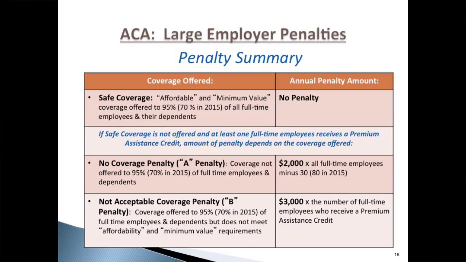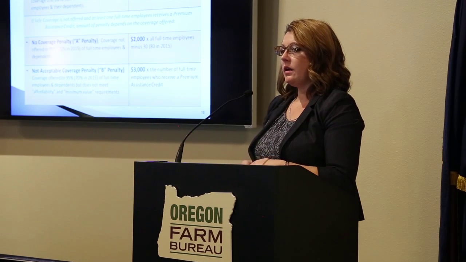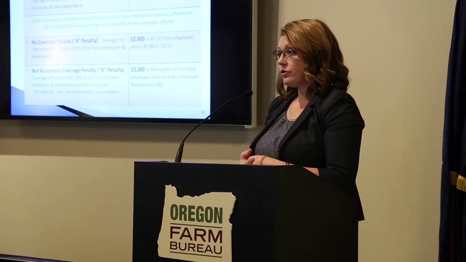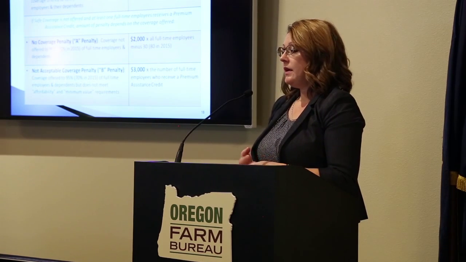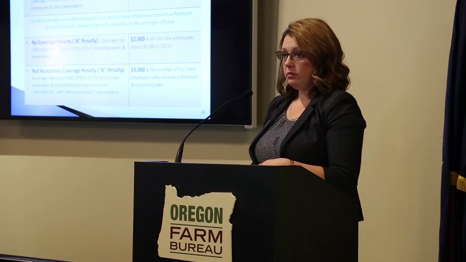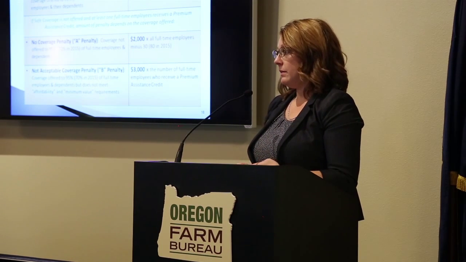What a lot of agricultural employers are doing, and I'd be interested to know if there's people in the room that are doing this, is that they're getting out of the A penalty by offering what's called minimum essential coverage, or MEC coverage, to their full-time employees. This MEC coverage is not affordable, and it does not offer minimum value.